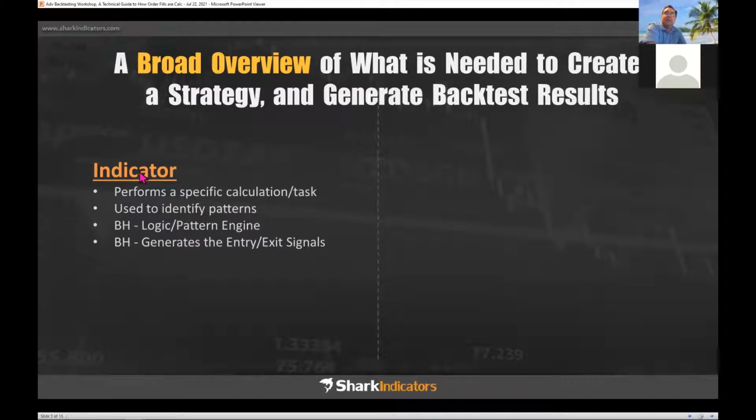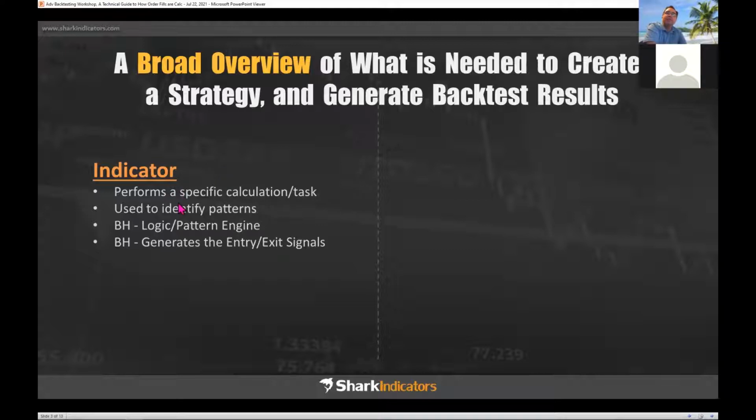I'm going into detail because later on, once we see everything here, you'll realize that a lot of new people get confused about why things are separated between indicators and strategies, right?